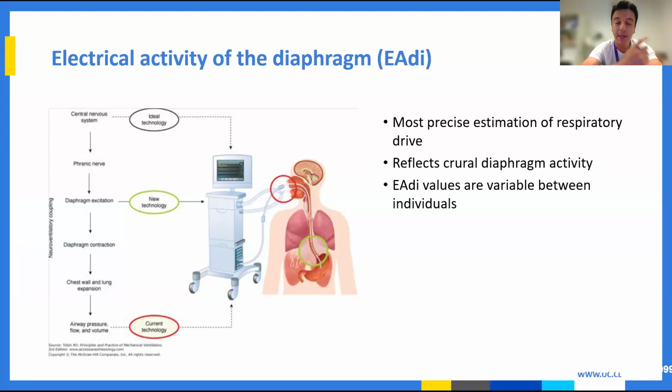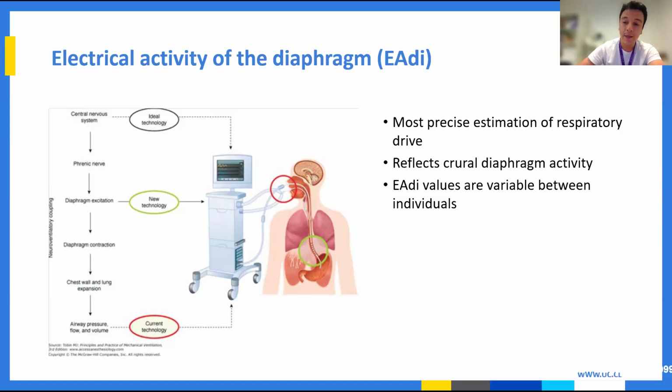It reflects the crural diaphragm activity. So every time that the diaphragm is depolarizing and is activated, the electrodes pick up this activity and process the signal. And the important thing is that these values are really variable between individuals.